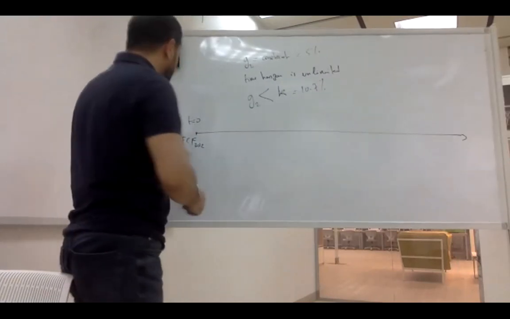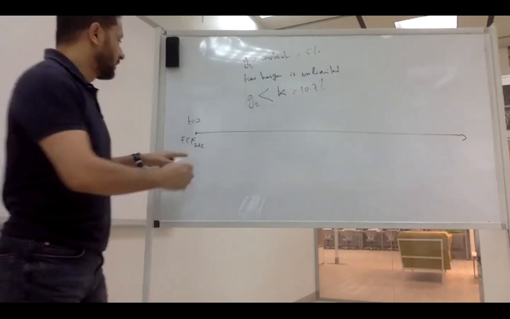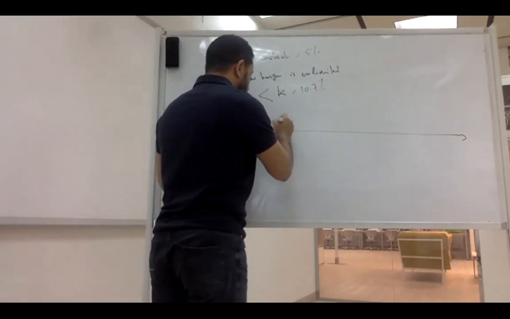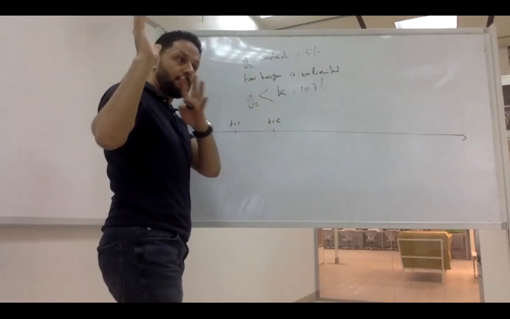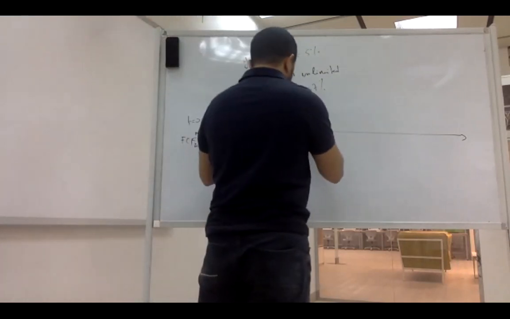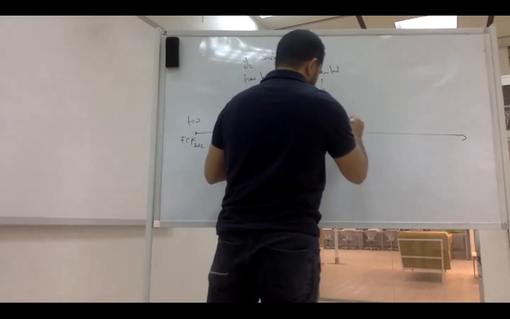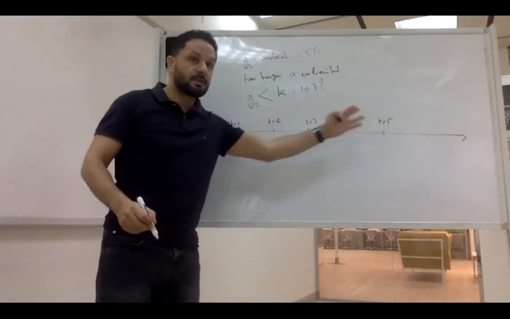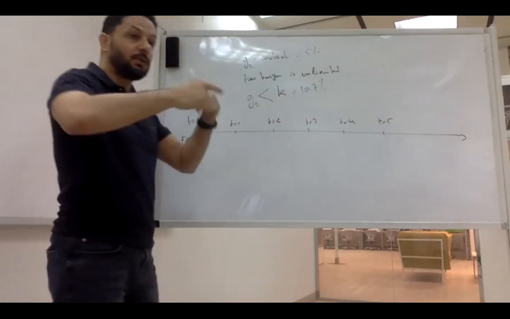We have two separate phases: 1, 2, 3, 4, and 5. During this first phase, we have an annual growth rate of how much?